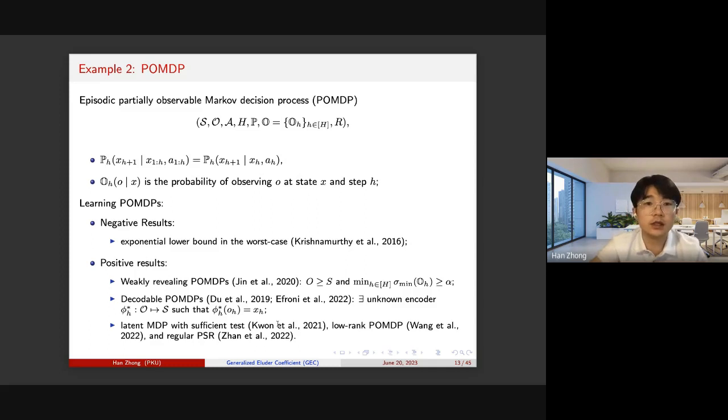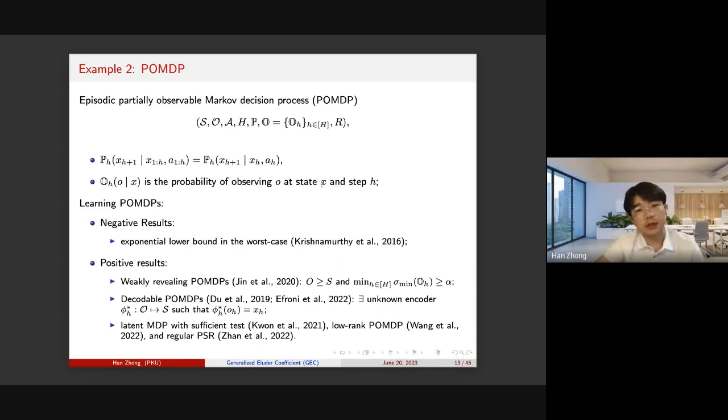our interactive decision making includes POMDP as a special case. For the POMDP, the agent can only observe the observation, and so there is a latent state space and an observation space. The transition dynamics also satisfies the Markov property. The next state only depends on the current state and action, and the observation is sampled from the emission matrix O_h. Here, O_h(o | x) is the probability of observing o at state x and step h.